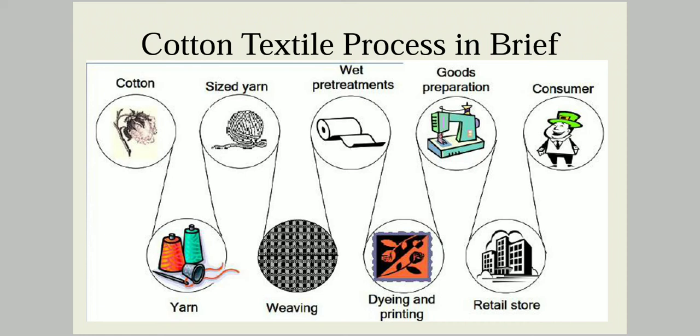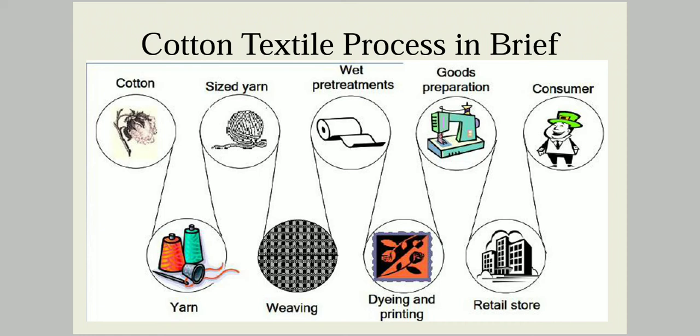Basically, in textile manufacturing, first the source material is chosen. Here cotton is chosen, then it undergoes various processes and is converted into yarn.